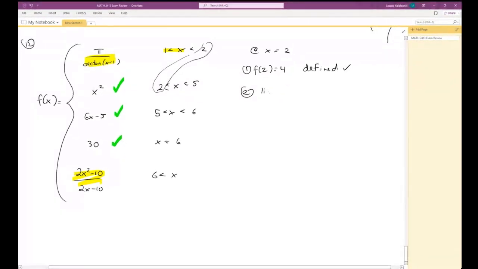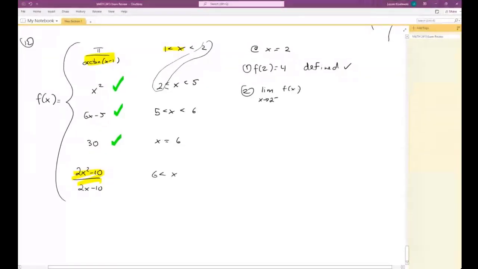Well, to check whether the limit exists, we have to check the two one-sided limits for this piecewise function. So the limit as x approaches 2 from the left. My x's are slightly smaller than 2, so we should definitely use the piece where x is less than 2 but close to 2. That's the arctangent piece.